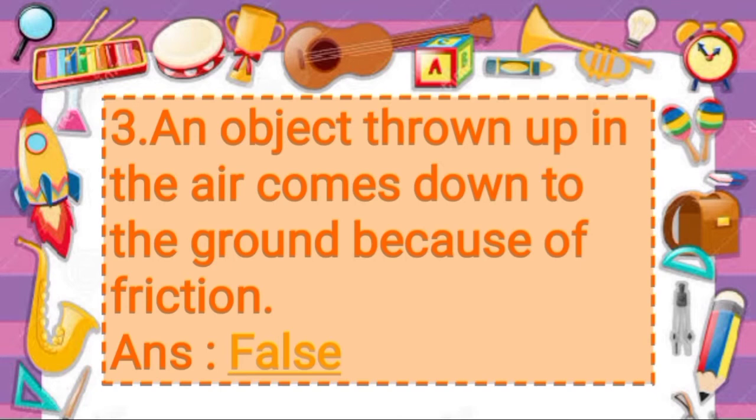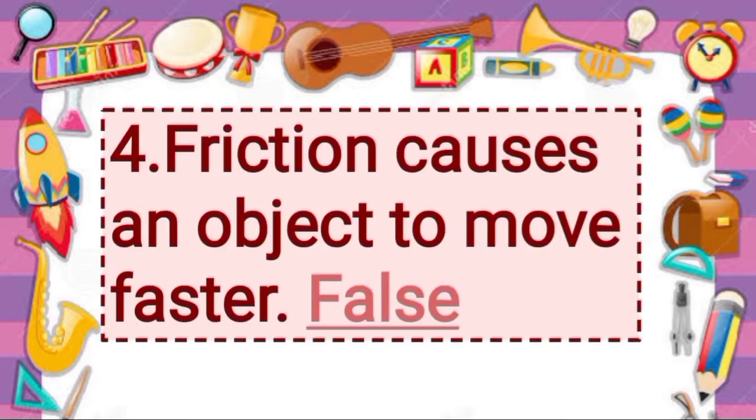So the question is, an object thrown up in the air comes down to the ground because of friction. Answer: false. False means the following statement is false, because an object thrown up in the air comes down to the ground because of gravity.